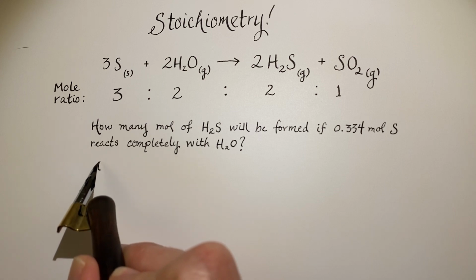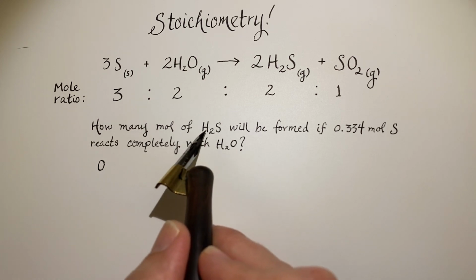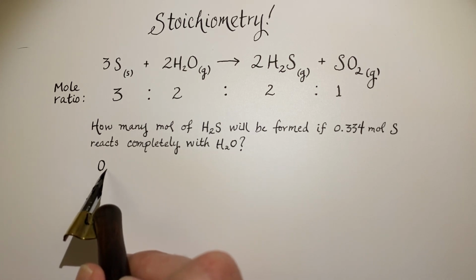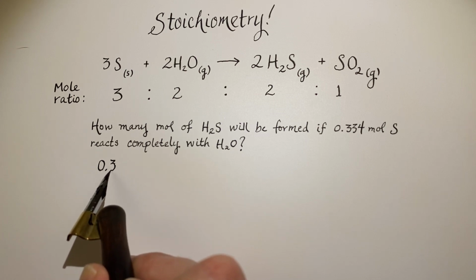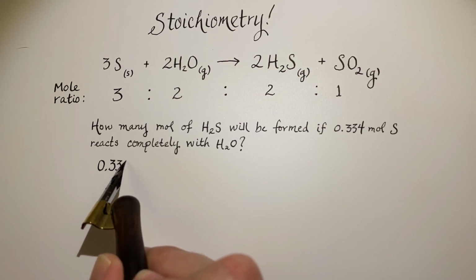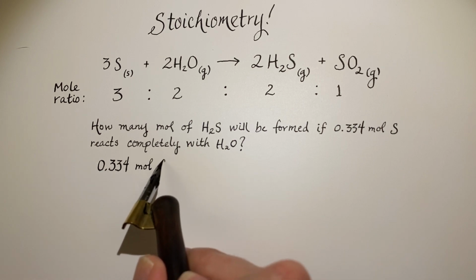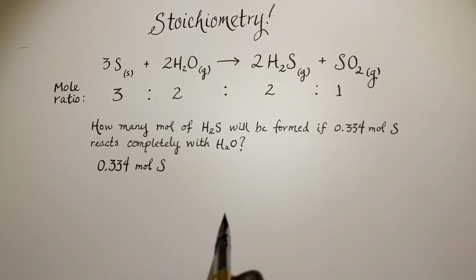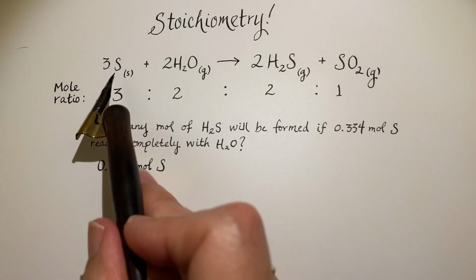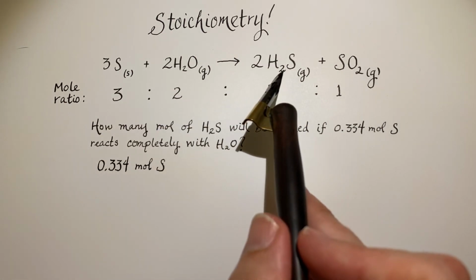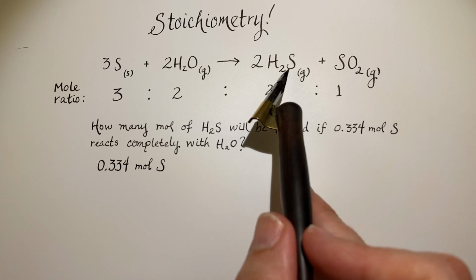But we are going to be calculating moles of our H2S. But let's start with what we know. We know we have this many moles of sulfur. And our target is how many moles of the H2S.